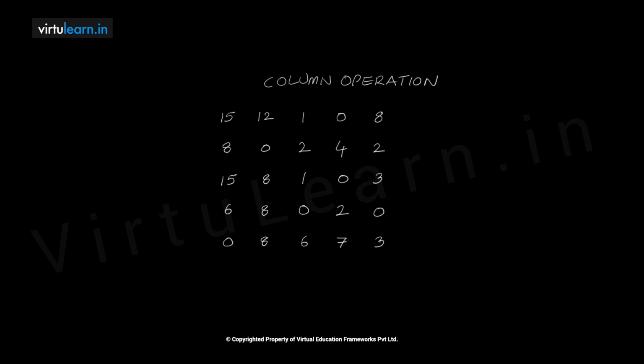Now what we'll do is check for single zero rows. Now we'll go for the first row, 15, 12, 1, 0, 8. Okay, a single zero is there, so we'll make an allocation here. As we have seen earlier in the problem, once we have made an allocation, we have to check for any zeros in the same column, and if there are any, we have to strike them.